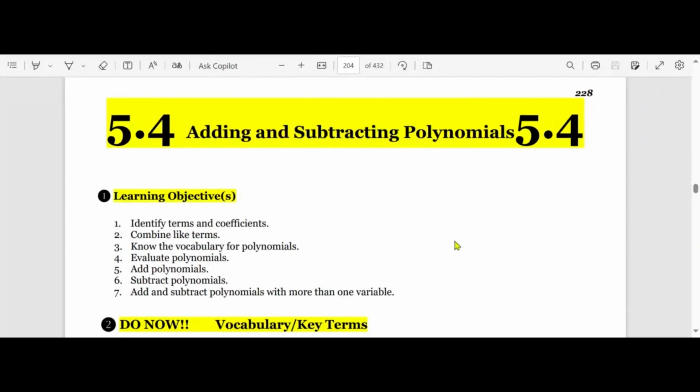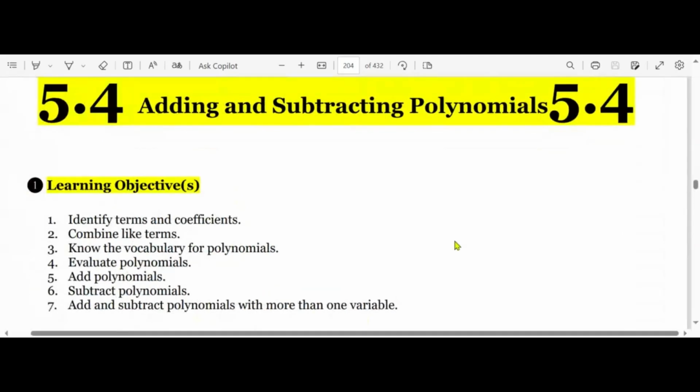Learning objectives. Muhammad, please read. Number 1, identify terms and coefficients. Number 2, combine like terms. Number 3, know the vocabulary of polynomials.